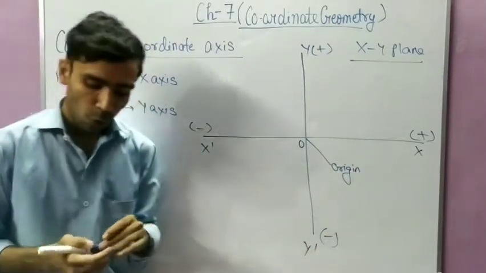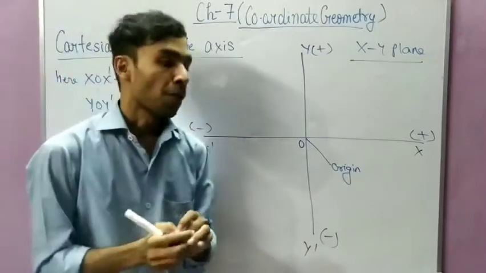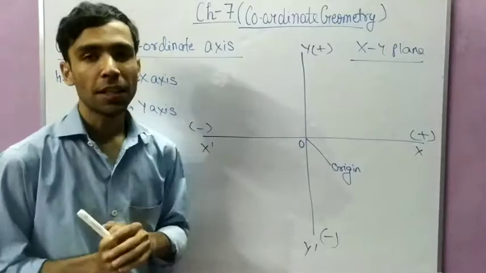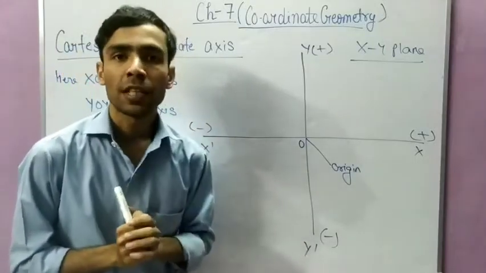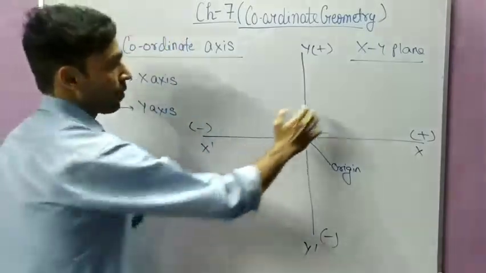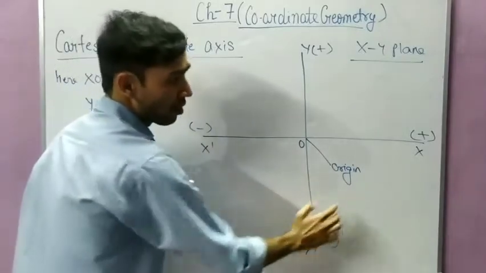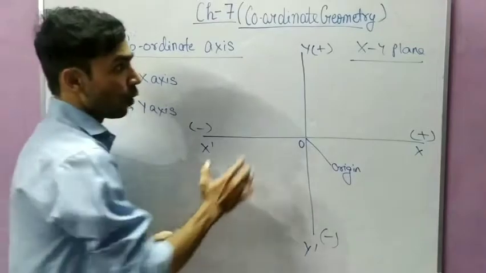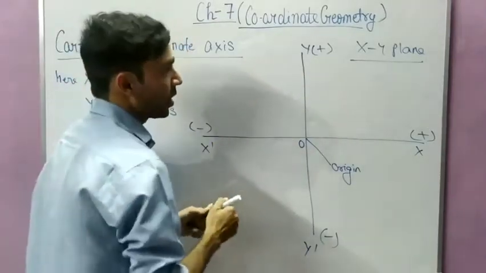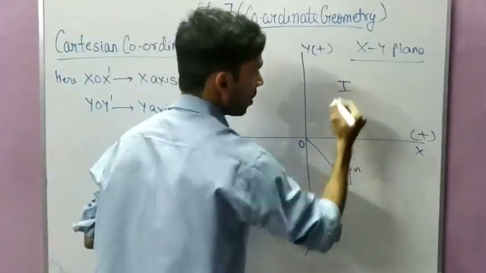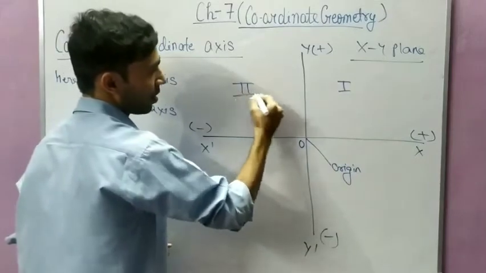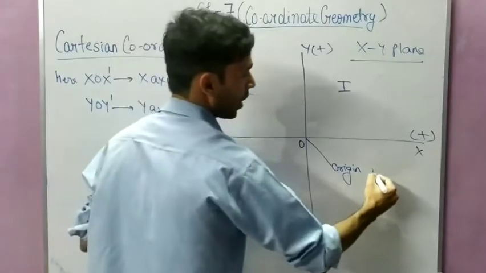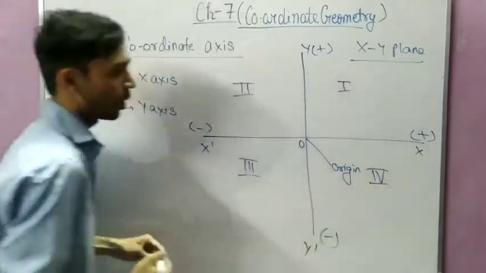Now when we have drawn this xy plane or Cartesian plane, we get four quadrants. This is first, this is second, this is third, this is fourth. Whatever points lie here will be in our first, second, third, or fourth quadrant.